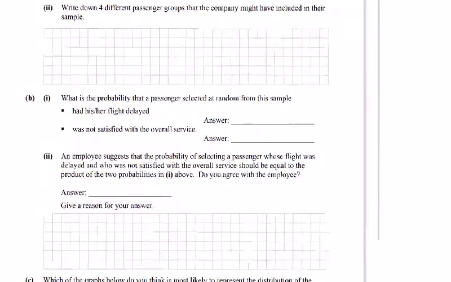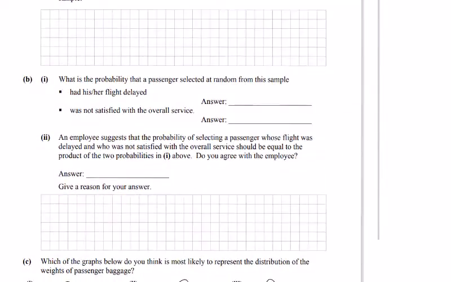An employee suggests, another word question, that the probability of selecting a passenger whose flight was delayed and was not satisfied should be equal to the product of the 2 probabilities in one above. Do you agree with the employee? Well, these are independent events. The probability of A by the probability of B being equal to the intersection of the 2.